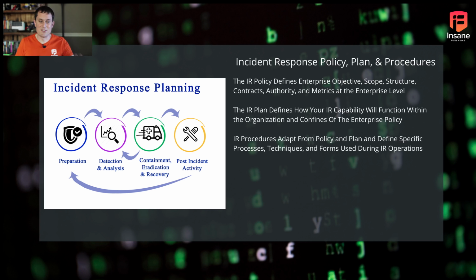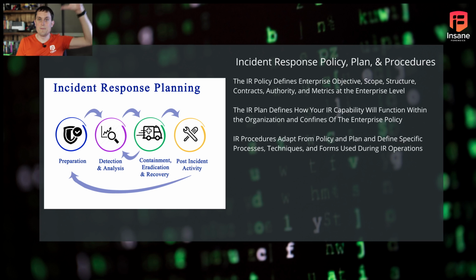The procedure side is how you, as the incident response analyst, are going to respond to ransomware. How are you specifically going to respond to an insider threat within one part of your business unit? That's an important thing, but it's important to note that that is procedure. Today, we're going to focus on the plan level.